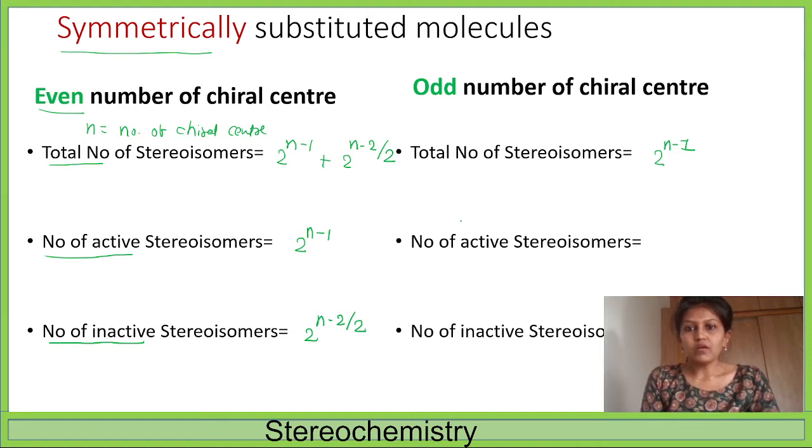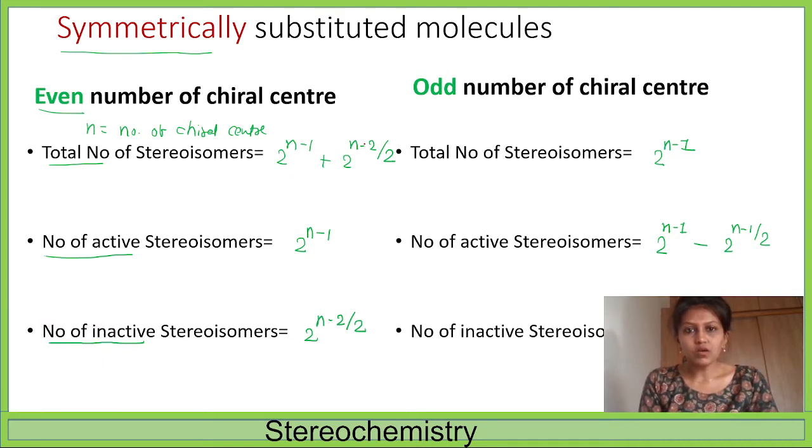And the number of active stereoisomers is the total number of stereoisomers, that is 2 raised to n minus 1, minus the number of inactive stereoisomers, that is 2 raised to n minus 1 divided by 2, right? So this is the formula for this one.